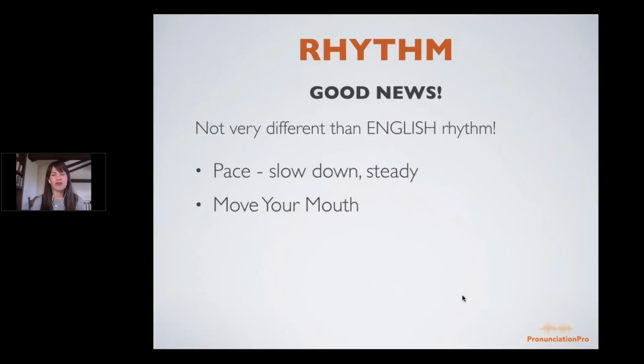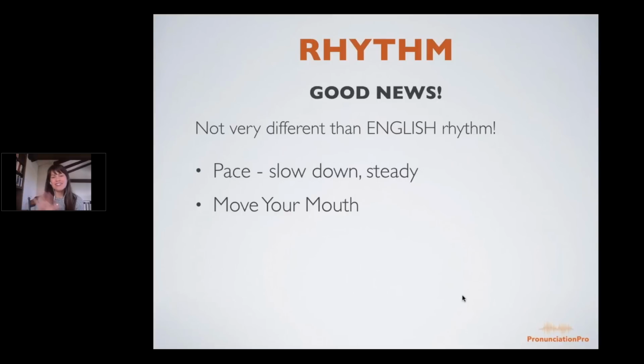All right, the second one is move your mouth. This is something that is very important for our Spanish speakers because when we contrast Spanish and English, there is just more movement of the mouth. There's more precision in the specific sounds, and that's actually something that's very beautiful about Spanish, is the flow. There's a very soft flow to it, which doesn't require as drastic of movement in the mouth.